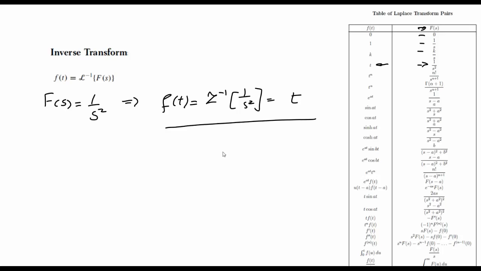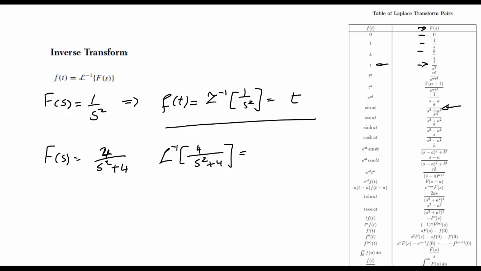Another example you might have is if we had F of s equals 2 over s squared plus 4, or say, let's say 4 over s squared plus 4. To find the inverse Laplace transform of 4 over s squared plus 4, we would go again to our table, and we notice that this is the closest one.